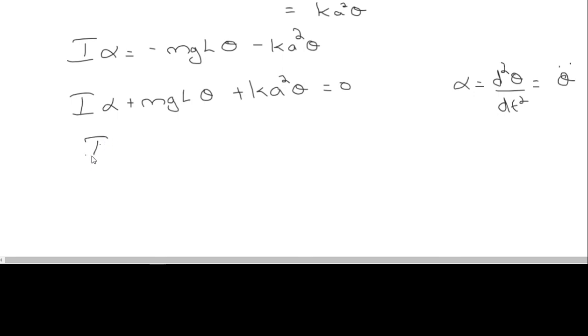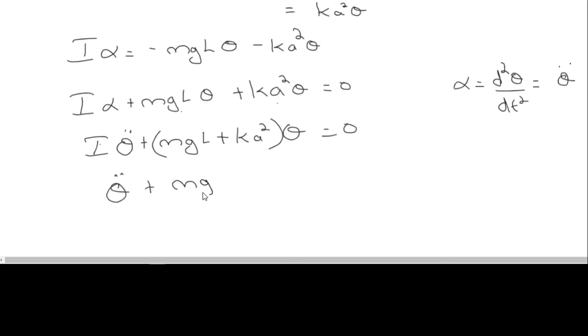So I times theta double dot plus mgL plus k a square, times theta, equal to 0. Or dividing by I we get theta double dot plus (mgL plus k a square) divided by I times theta equal to 0.